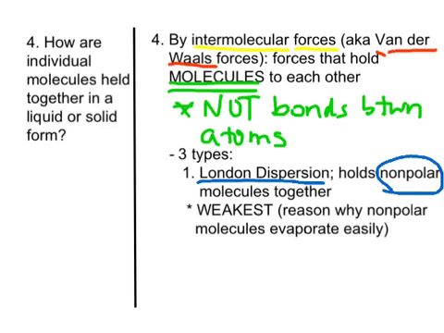Another characteristic is that they're very volatile, meaning they evaporate easily. So tomorrow in the little lab demo that we're going to do, you'll see that the nonpolar molecules evaporate super easily because their molecules are held together by this weak force called London dispersion.